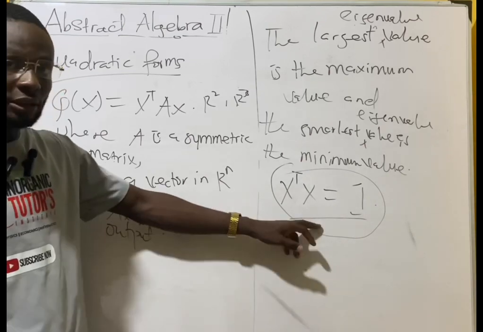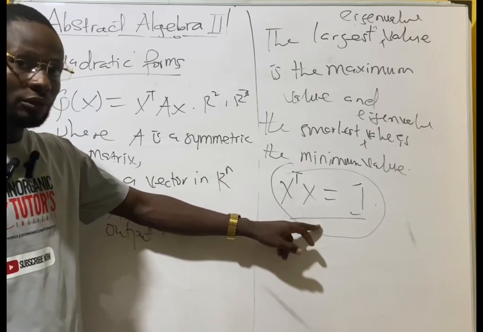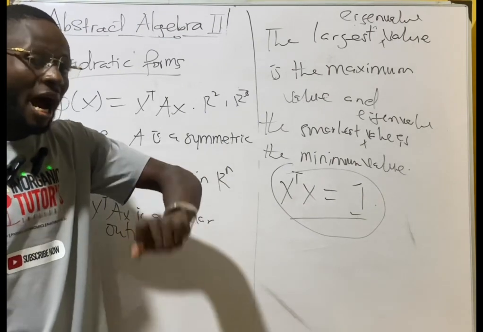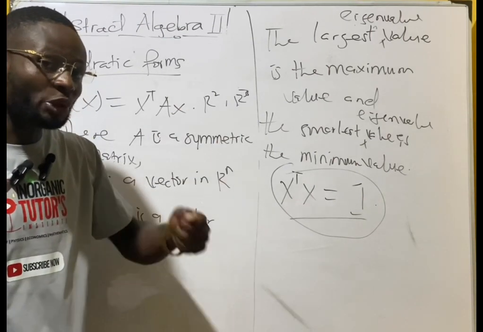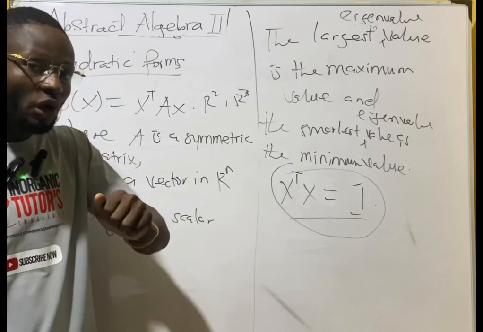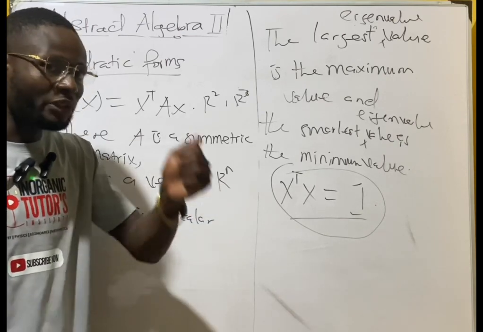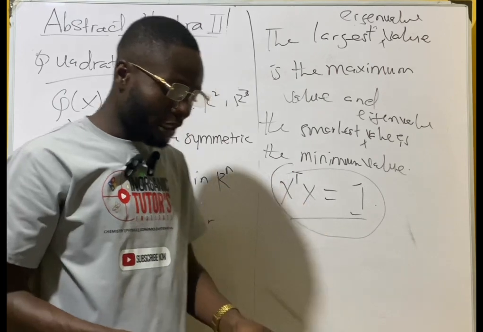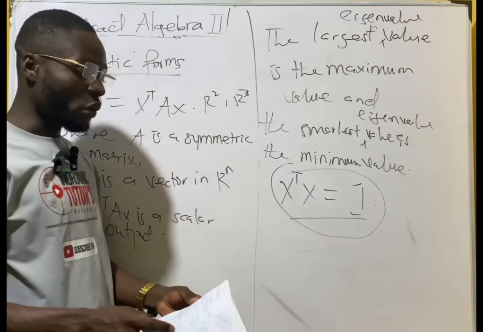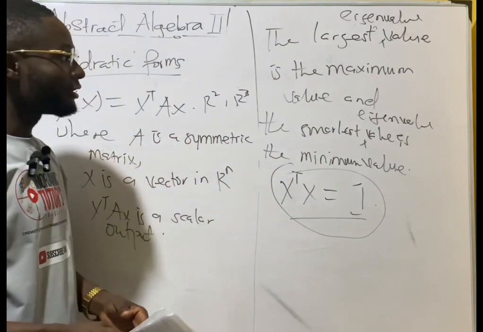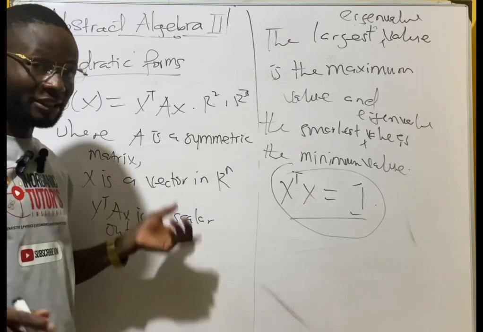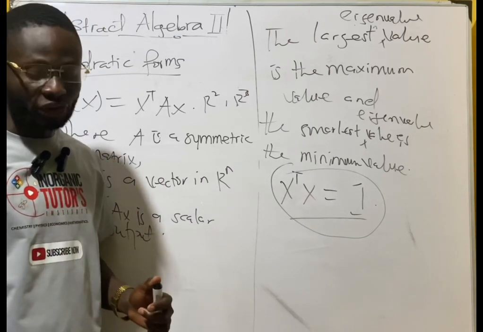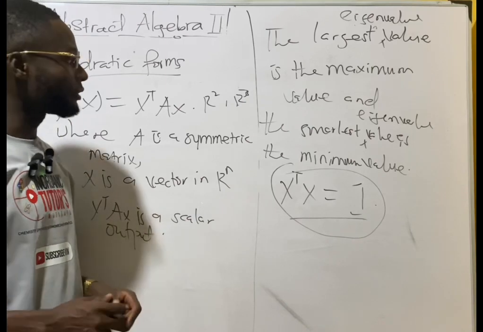This is the constraint that we are talking about, an inequality or an equation that restricts values of the variables. That is all about constraints and quadratic forms, which is what you need to know before we proceed to solving problems.